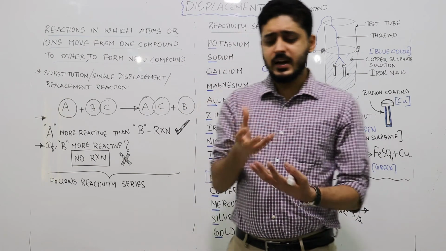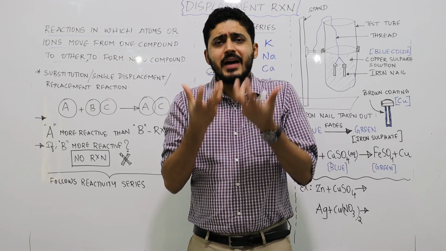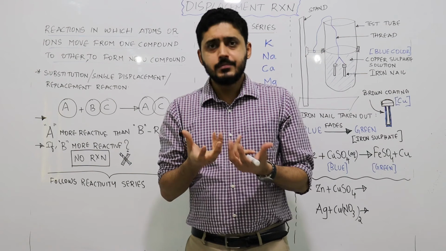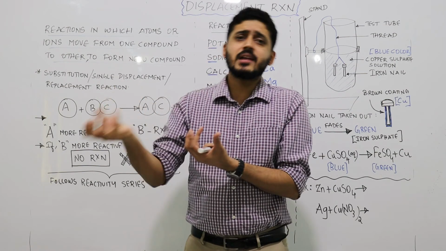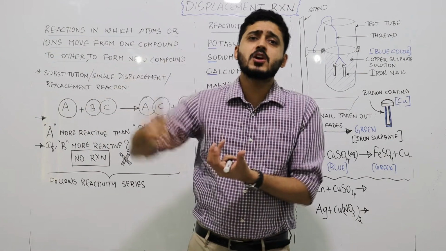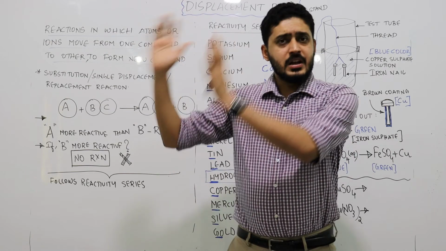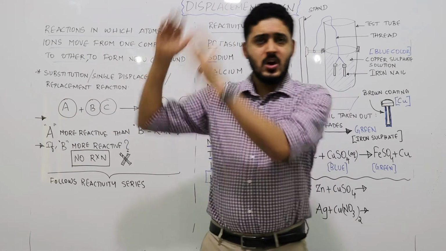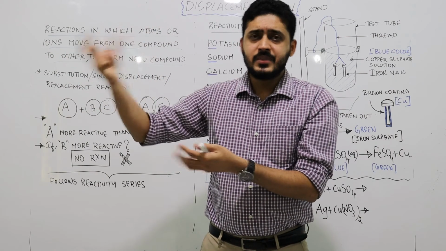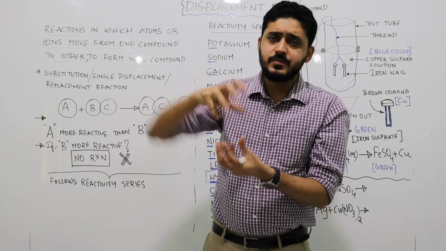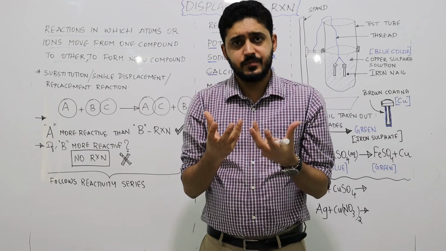In a chemical reaction, if a compound is given, one of the atoms of that compound present in the reactant will get displaced by another element or atom, or it can be an ion. Another ion or atom of an element displaces one of the compound's atoms or ions.